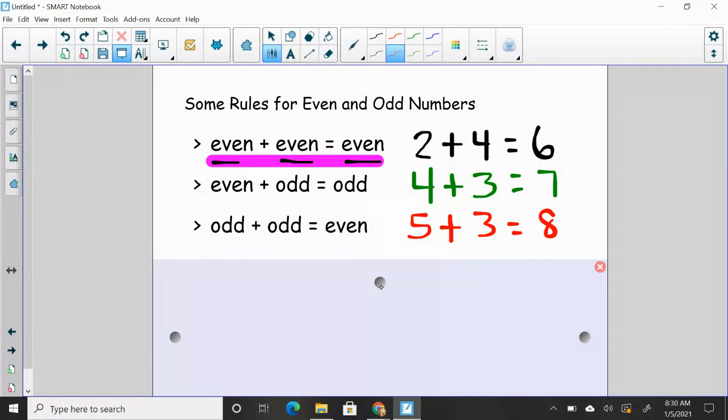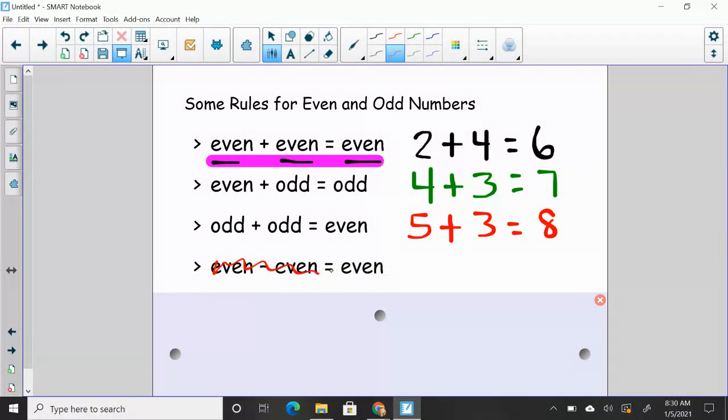All right, so if I did my little model here, if I had 5, 1, 2, 3, 4, 5, plus 3, 1, 2, 3, and I did my buddy model here.